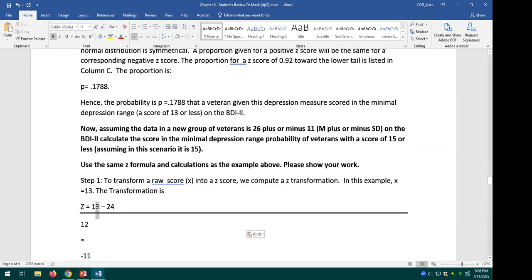So that'd be 15 minus 26 divided by 11. Does that make sense where those came from? This is our standard deviation, so that goes here. 15 was the x score. And 26 is our mean. That's where that's coming from.